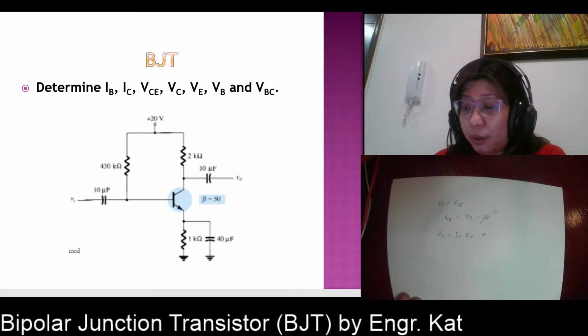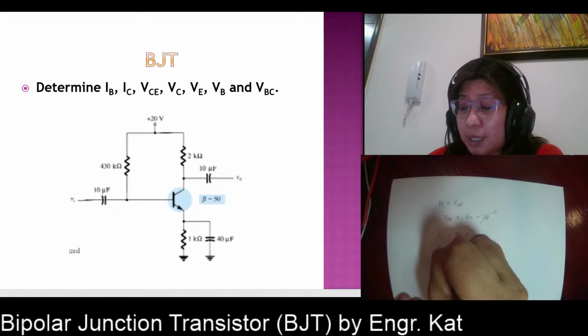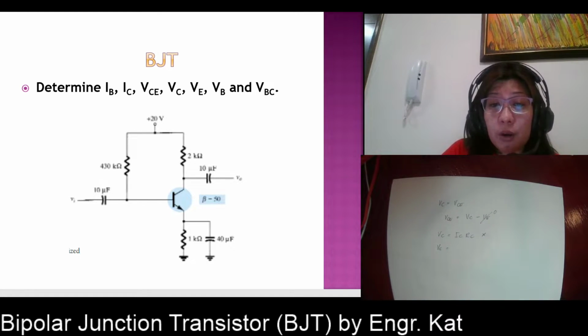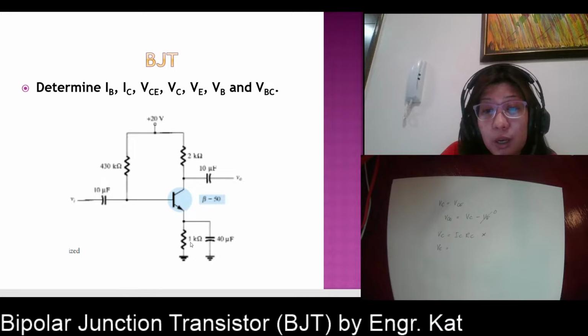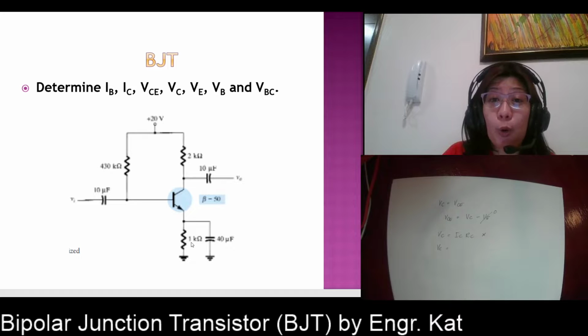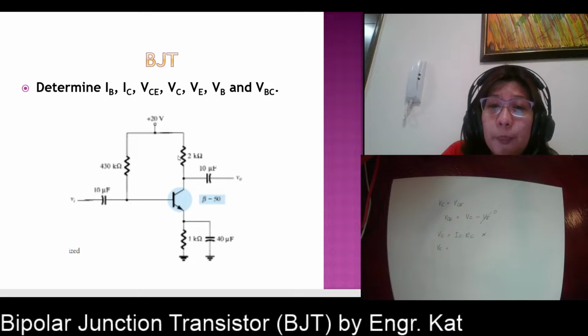Rather, VC is equal to the voltage across the collector going to the ground. So you can see VC is the sum of your VCE and the voltage across your RE. Or, one more thing, VC is equal to the VCC minus the drop across here. So you have your VCC minus your drop across here, and the remaining voltage is your VC.